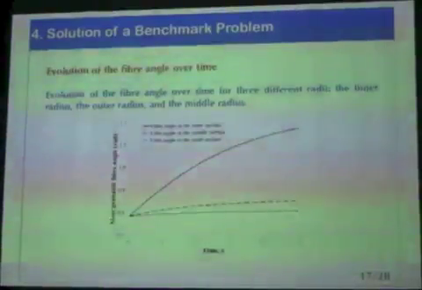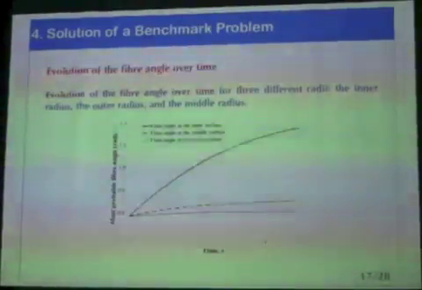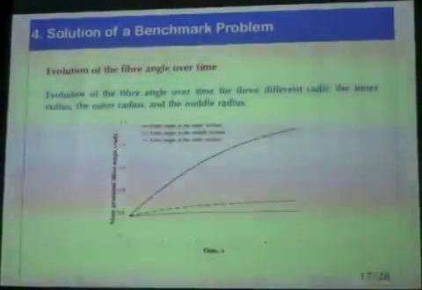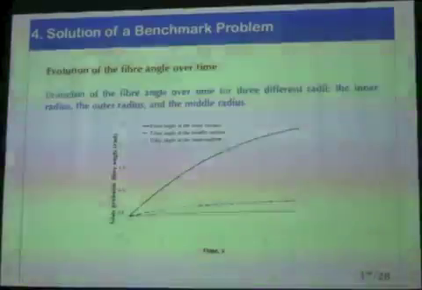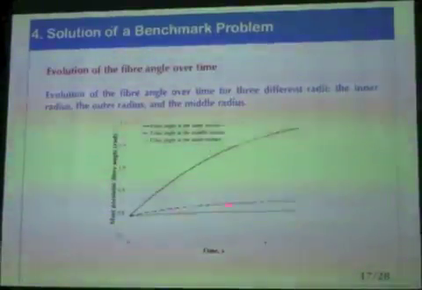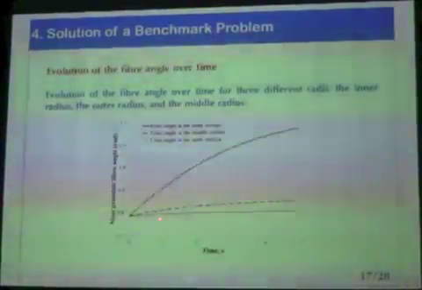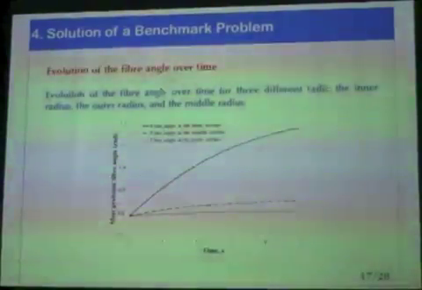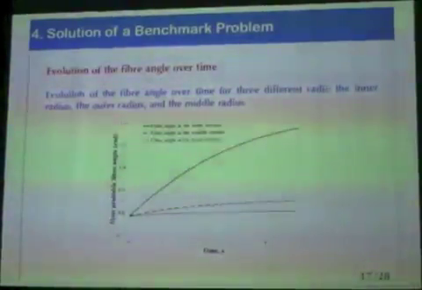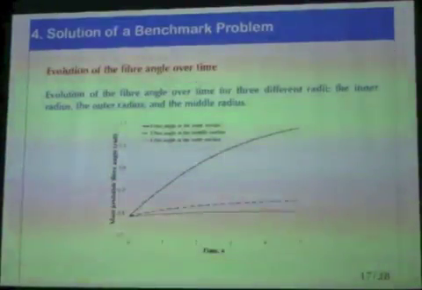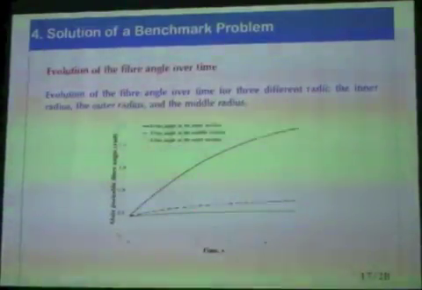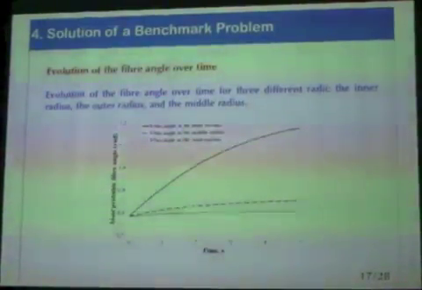This is how the remodeling variable, so the mean angle of the probability density distribution, evolves in time at different values of the radius. So here we are on the outer surface where no force is applied, and you see that the remodeling is very, very small. Practically, the angle remains equal to the initial condition.